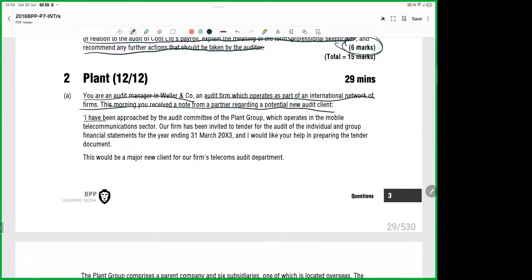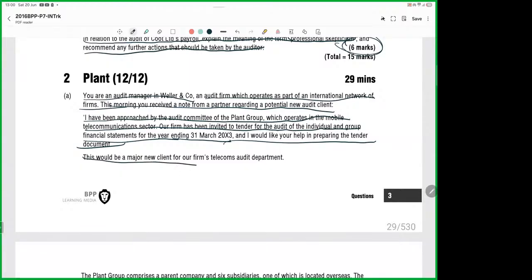Have been approached by the audit committee of the plant group, which operates in the mobile telecommunication sector. Our firm has been invited to tender for the audit of individual and group financial statements for the year ending 31st March 2023. And I would like your help in preparing the tender document.